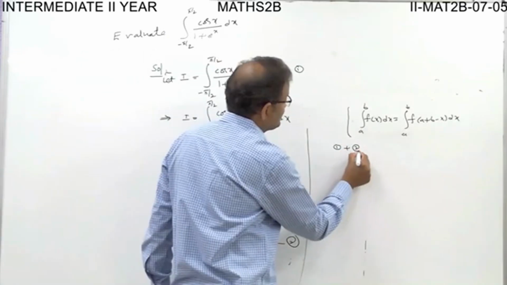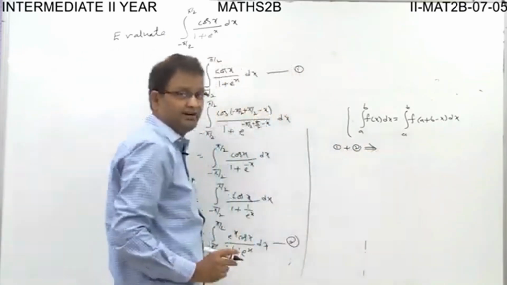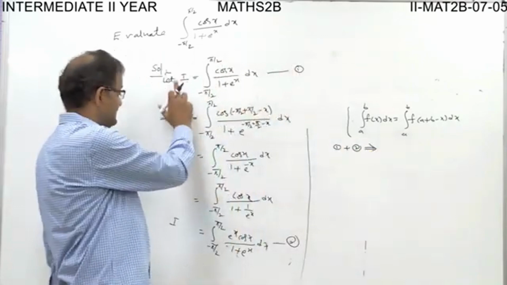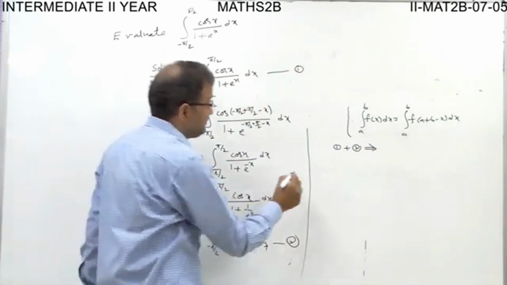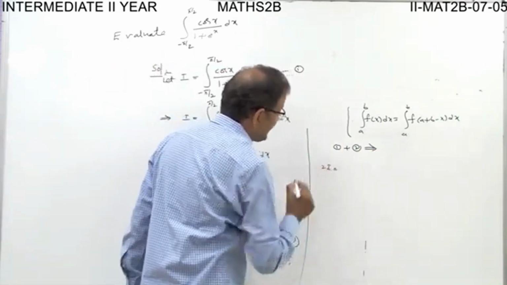Now adding 1 and 2, first equation and second equation. Left hand side I plus I is equal to 2I.